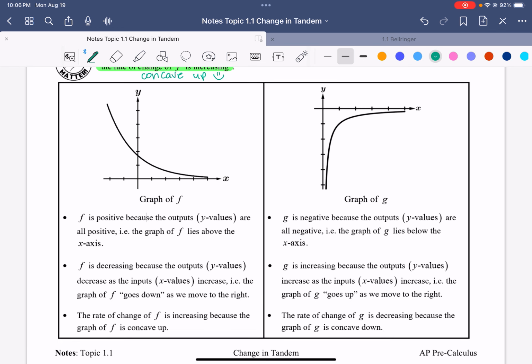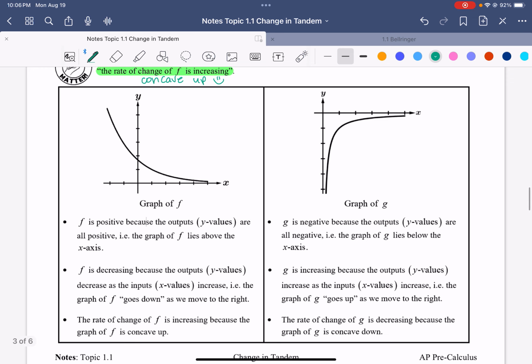So the first statement says that f is positive because the outputs, which are the y values, are all positive, meaning that the graph is above the x-axis. Okay, so you can see, let's say this is 1, 2, 3, 4, and 5, right? So you can see that all of those y values are positive numbers.